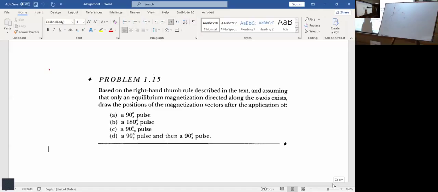Okay. Now his question is that you gave a 90Y pulse and your magnetization vector is at plus X. And you again gave a 90Y pulse. Where will it go? Minus Z. 90 plus 90 is 180.